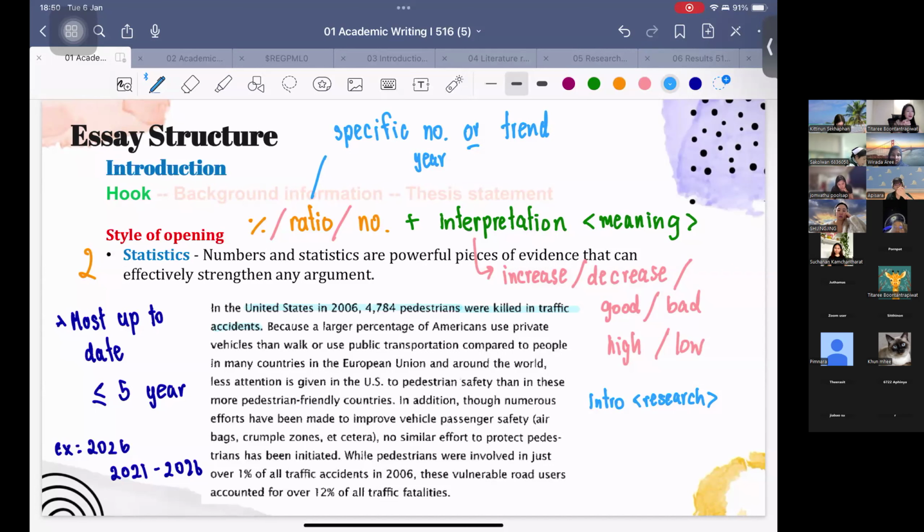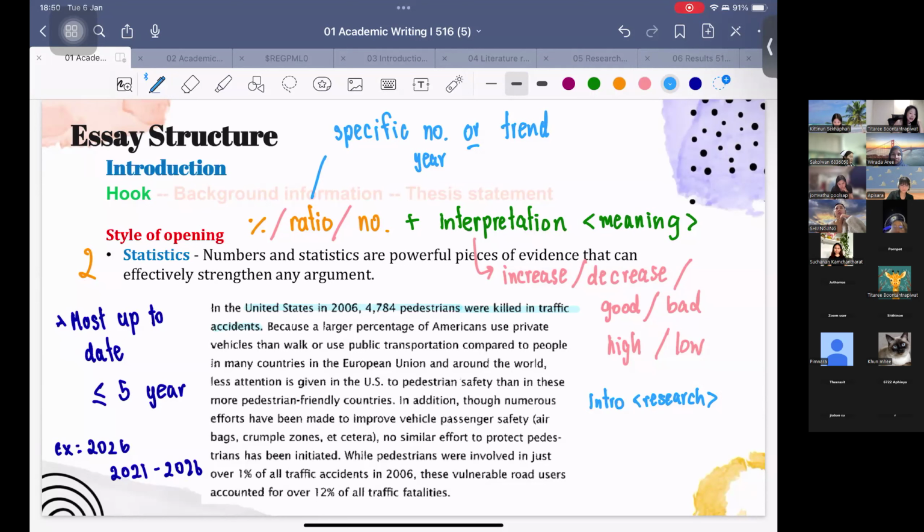So let's say sometimes when you write that the disease is going up, or there's a lot of people affected by the disease, or a lot of people disagree. These kinds of arguments or support, the references that you provide in your intro, try to keep those references within the 5-year gap as well.